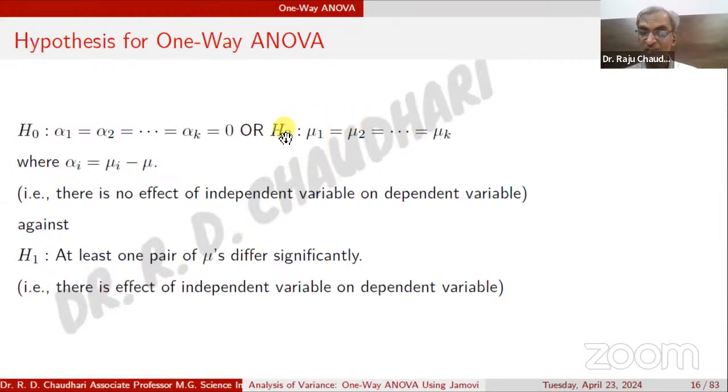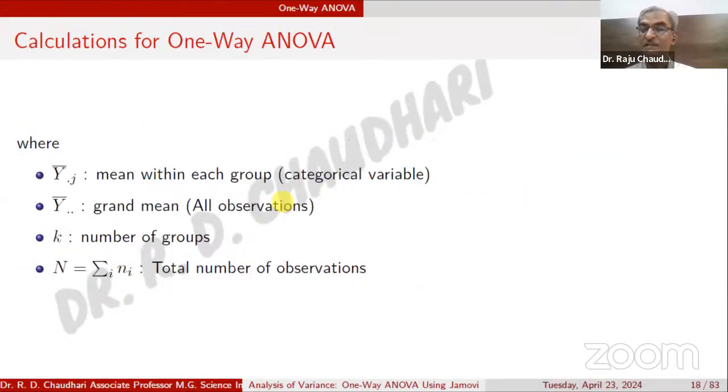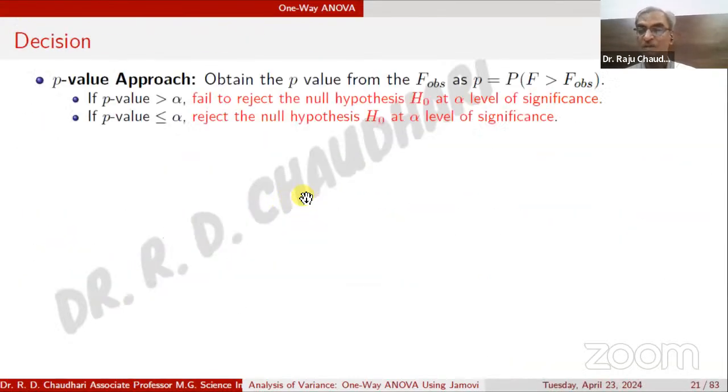If H0 is rejected, H1 is accepted, so at least one pair of mu differs significantly. It may be mu1, mu2, or mu1, mu3, or mu2, mu3. That is why we have to go for a pairwise comparison. But remember, pairwise comparison is valid only if we reject the null hypothesis of ANOVA, right?